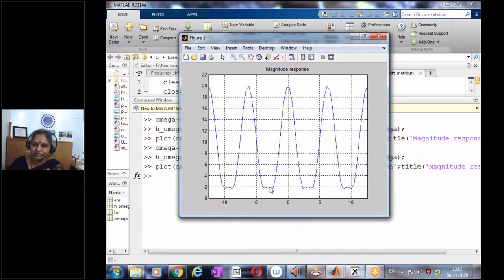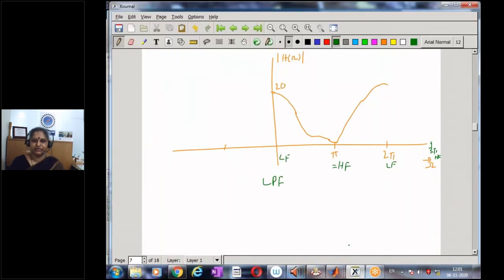So we already know that the frequency response is periodic with period 2 pi, and this small computation just reiterates the observation. So the frequency response is periodic, and the exact plot we have seen using MATLAB.